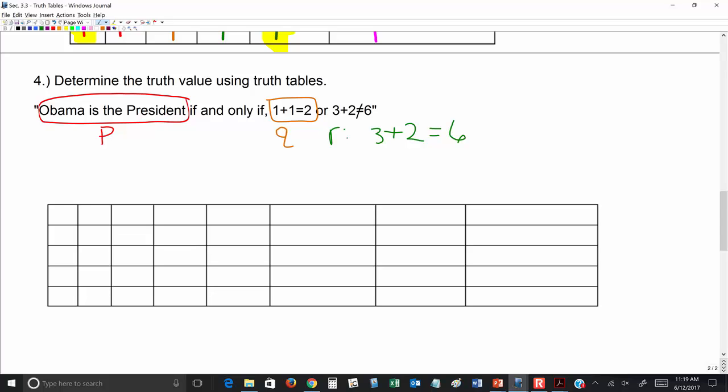I'd rather have R represent the statement 3 + 2 = 6, which means that 3 + 2 is not equal to 6 would represent not R.